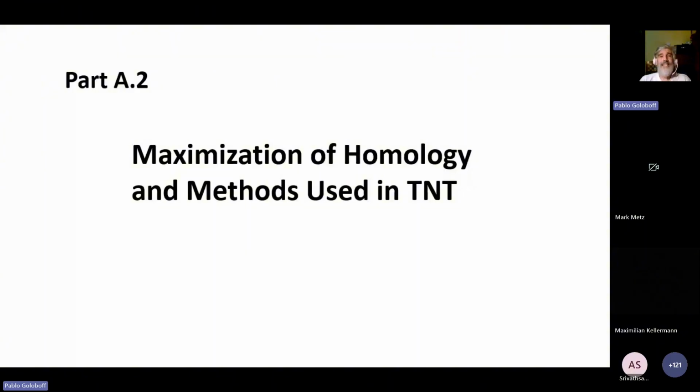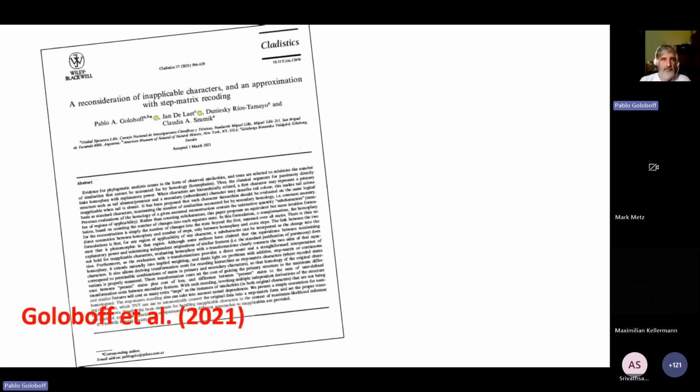So how does TNT go? How can TNT go about actually maximizing homology when you have inapplicable characters? This is a paper we published in 2021. As you can see, Ian Delet is a co-author.